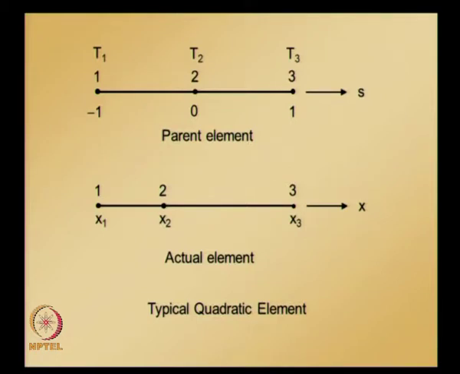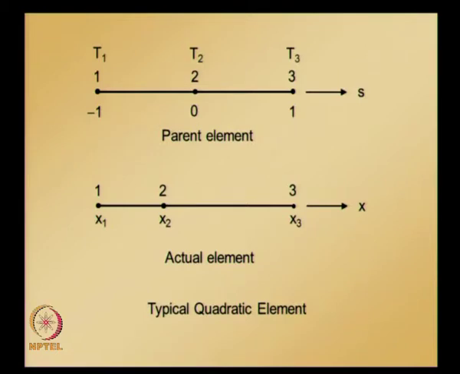Both parent element and actual element are shown. In parent element, node 1 is placed at s is equal to -1, node 2 is placed at s is equal to 0, node 3 is placed at s is equal to 1, whereas in the actual element x1, x2 and x3 are the coordinates of nodes 1, 2, 3.